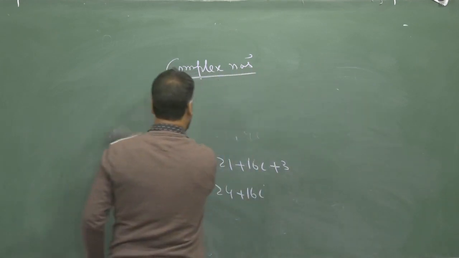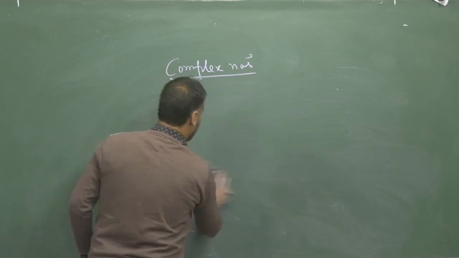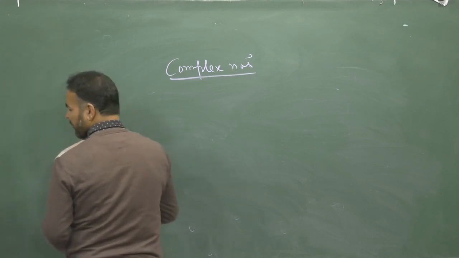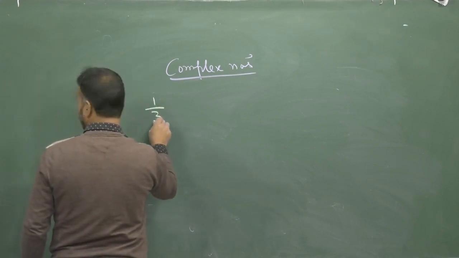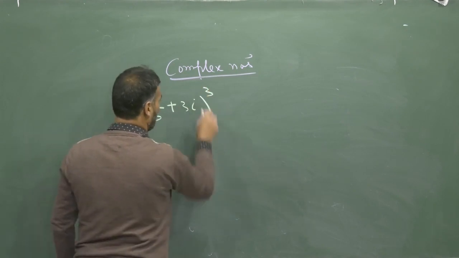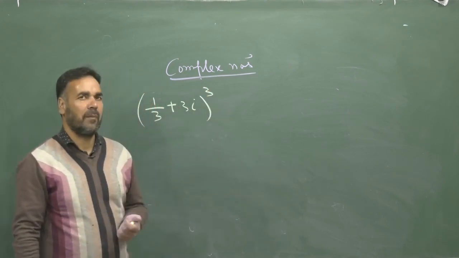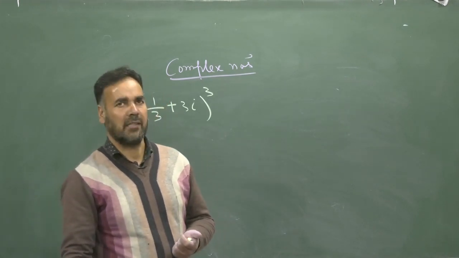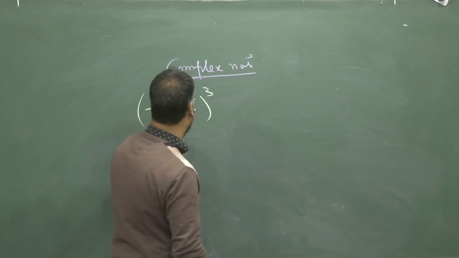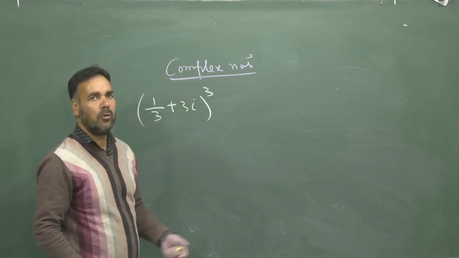Now how can we write it in the form of a plus iota b when it is in the form of (1 divided by 3 plus 3 iota) whole cube? Again we have to write this part in the form of a plus iota b, but you are aware that this is the general formula of a plus b whole cube.